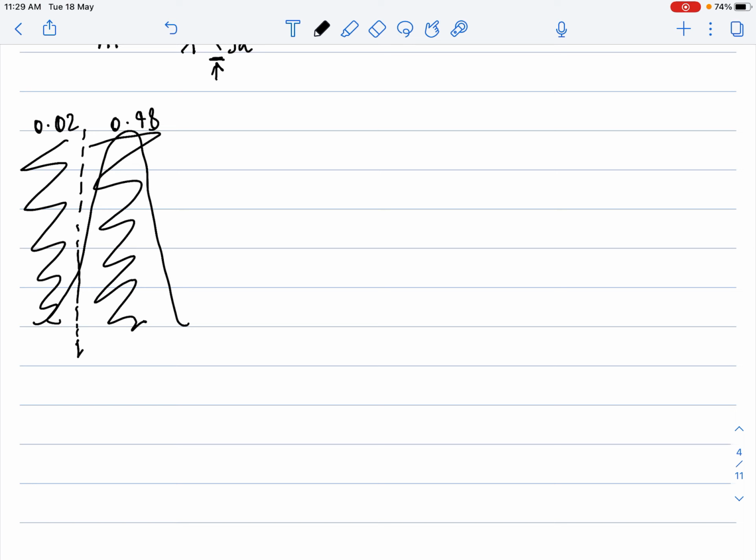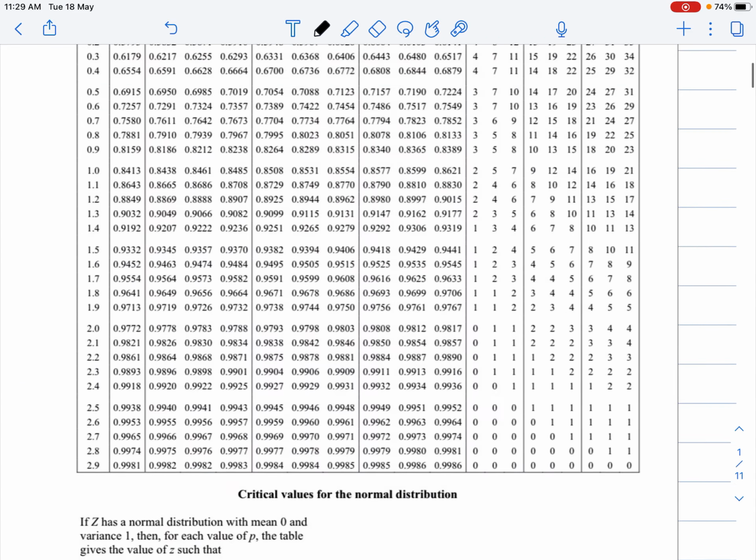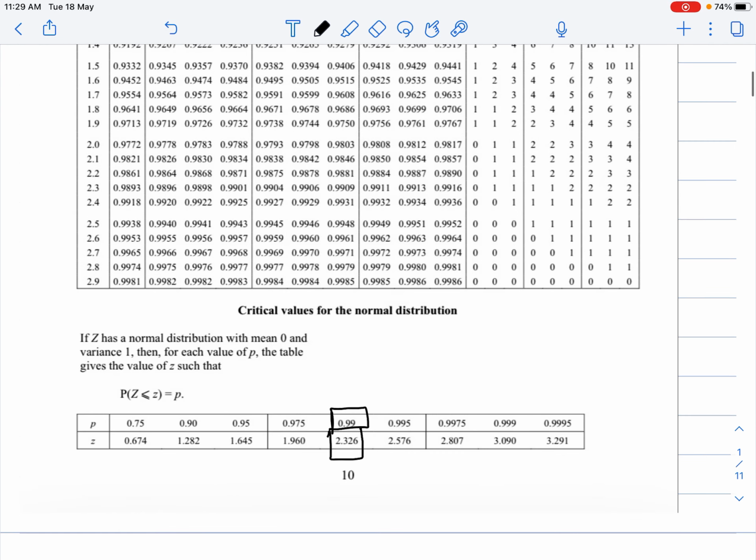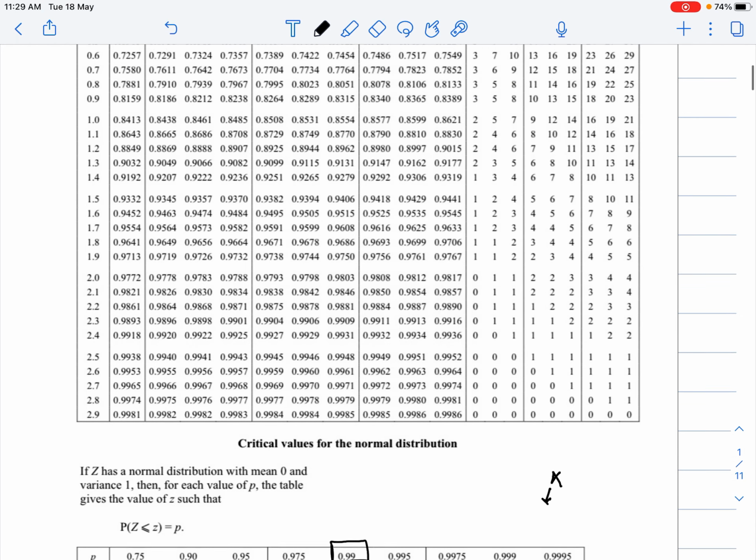To calculate the Z value, on the table I can search for 0.98. First, 0.98 is not in the critical values, so I'll search in the table.